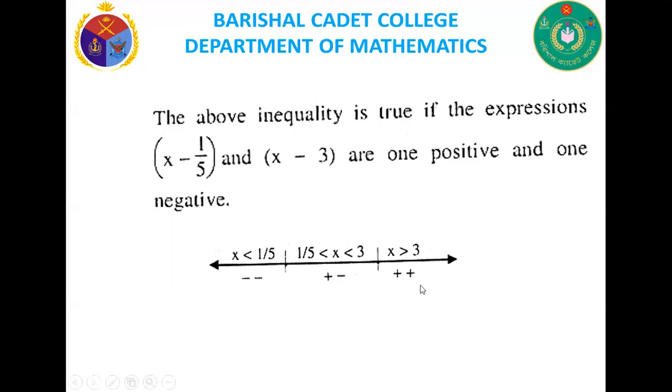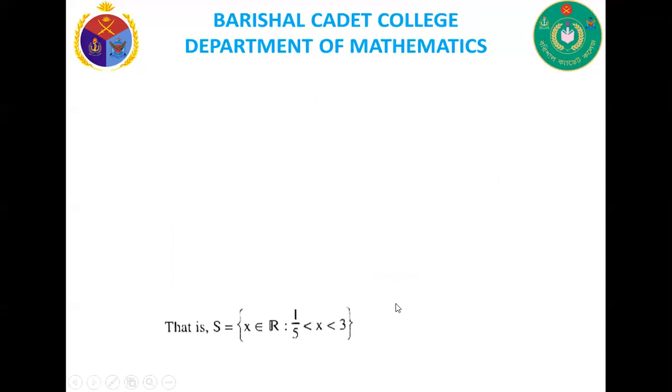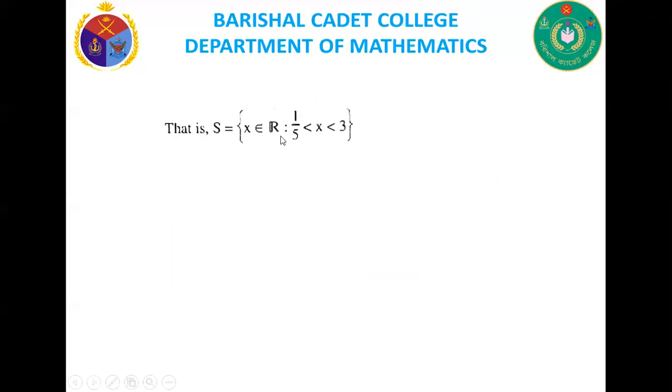So what will be our required interval? That is 1 by 5 less than x less than 3. So we see S equal to the set of all x belongs to R such that 1 by 5 less than x less than 3.